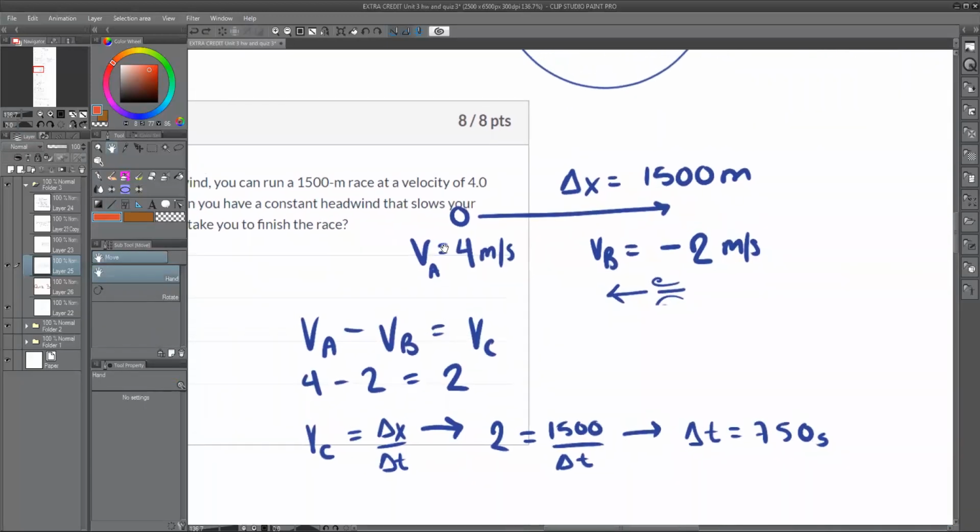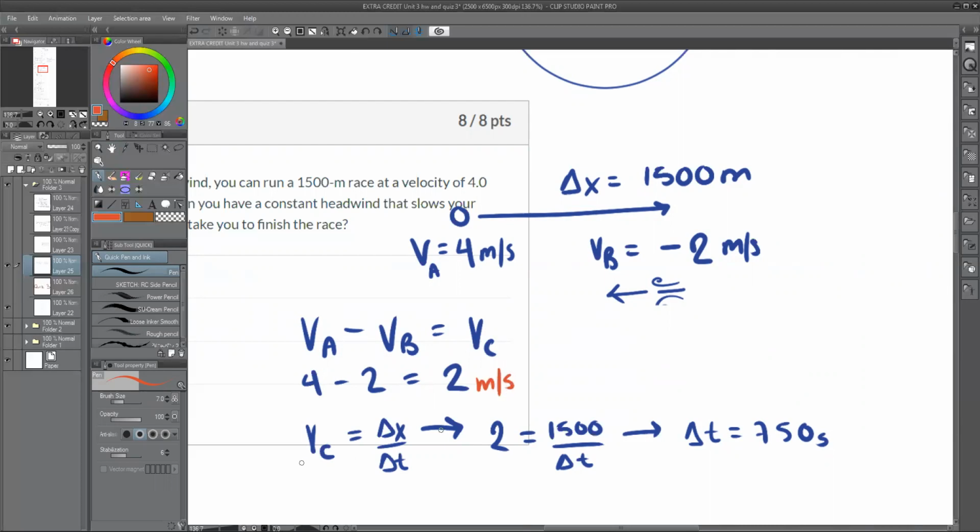So if you have a starting point and you are this dot, traveling at a speed of 4 meters per second, the wind over here is going to be slowing you down by 2 meters per second. So you can solve for your final velocity using this pretty simple algebra. 4 minus 2 is 2, so your speed is going to be 2 meters per second.